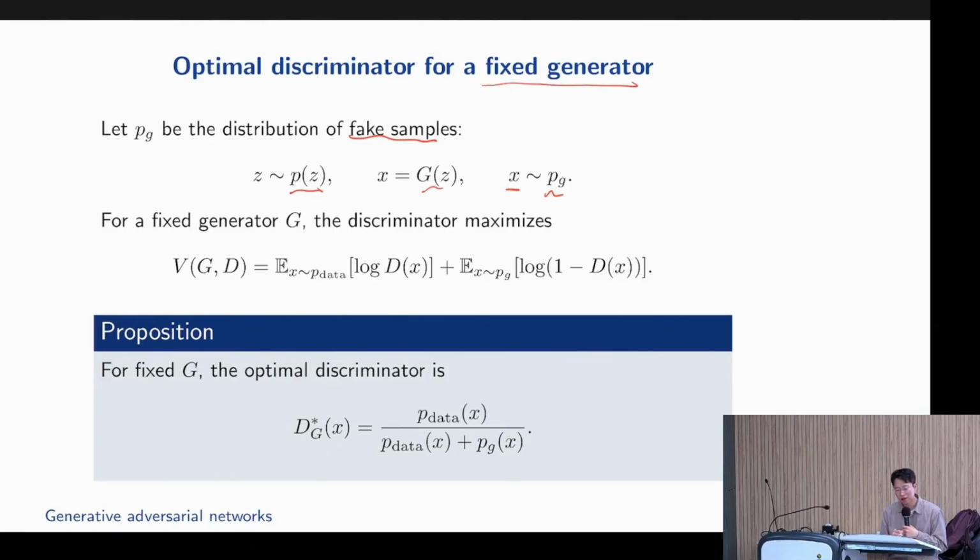We're trying to figure out, for a fixed generator, what is the optimal discriminator. So for a fixed generator, the discriminator maximizes the shared objective. And the proposition is, for a fixed generator, the optimal discriminator is P data of X over P data of X plus PG of X.